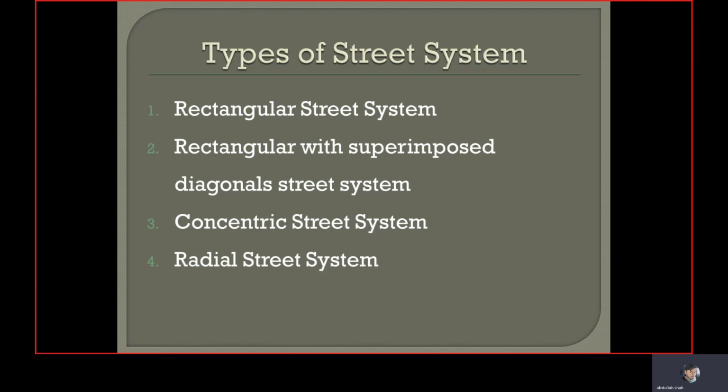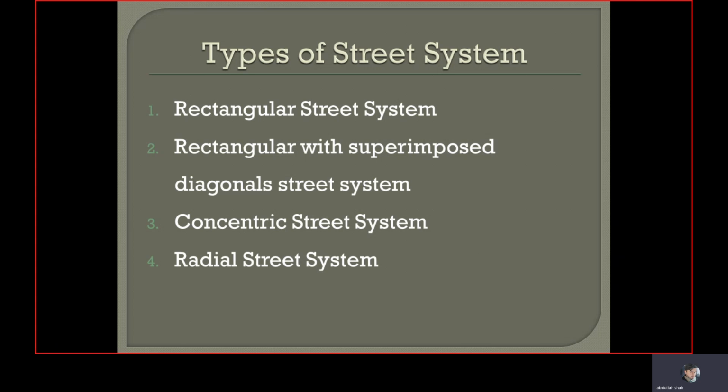Types of street systems. Streets are provided in cities or towns and connect the local areas. Streets are classified into 8 categories.